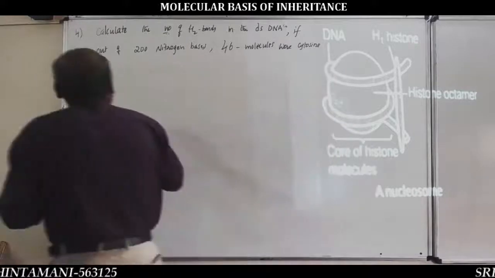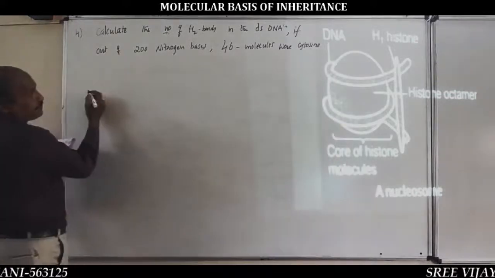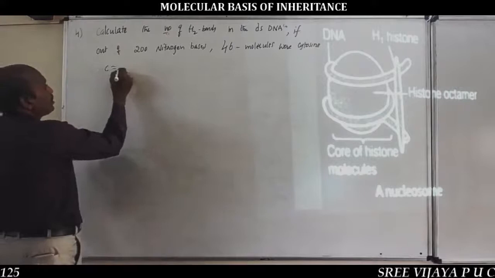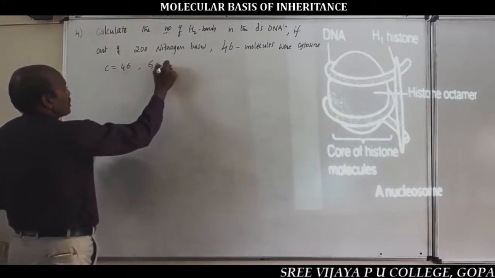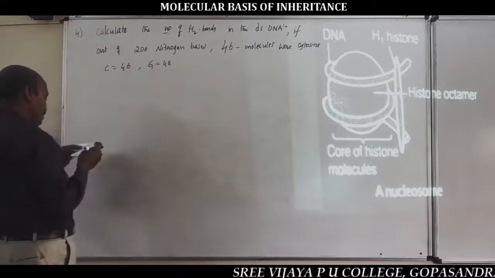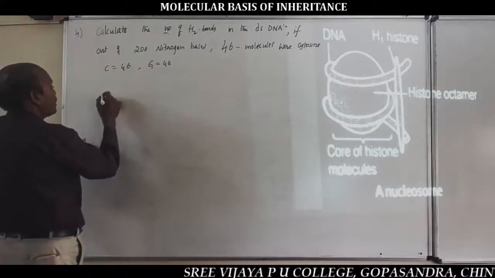Whenever C equals 46, automatically G equals 46.